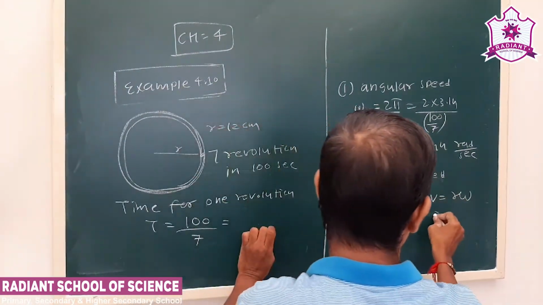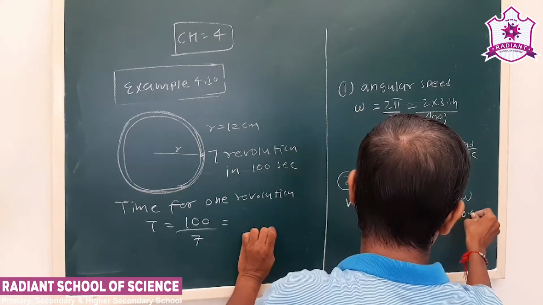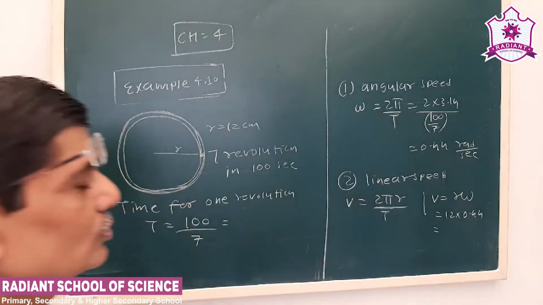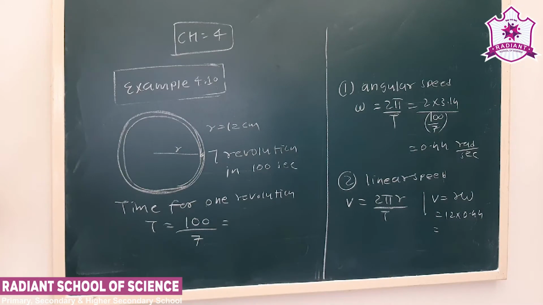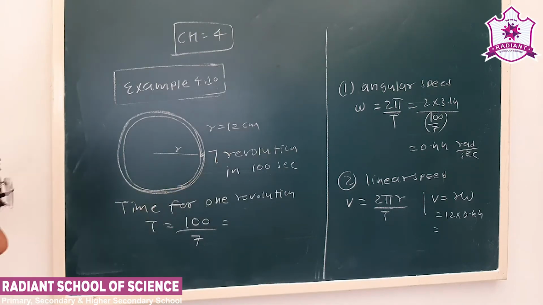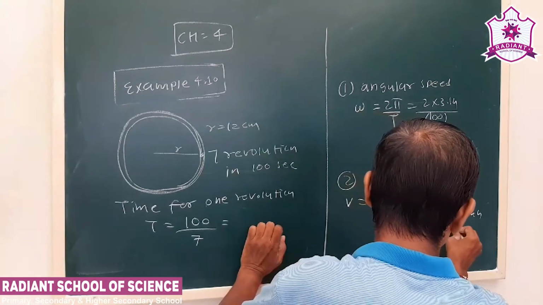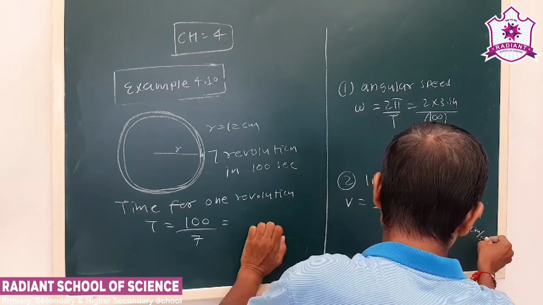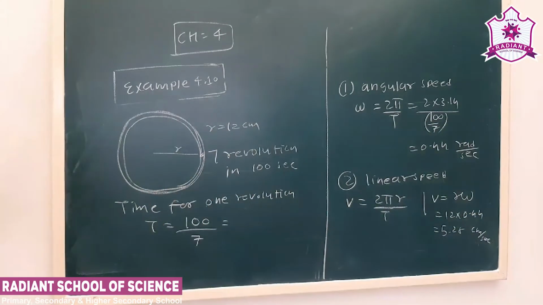Okay, here r we have 12 into 0.44. So that will give the value of the linear speed. Now see here, the radius is in centimeter, so the unit will be centimeter per second. Okay, that is the second part of our question.